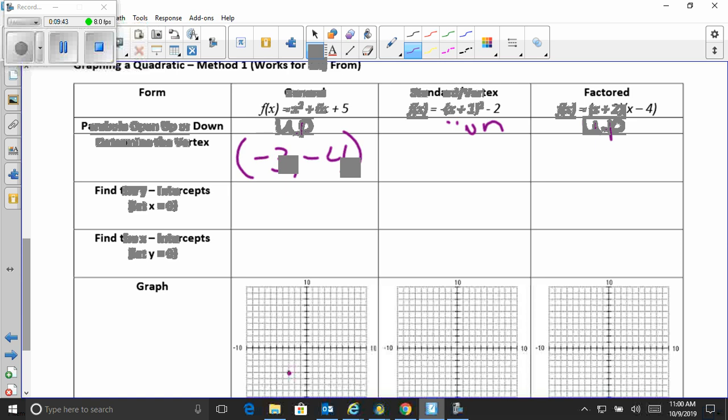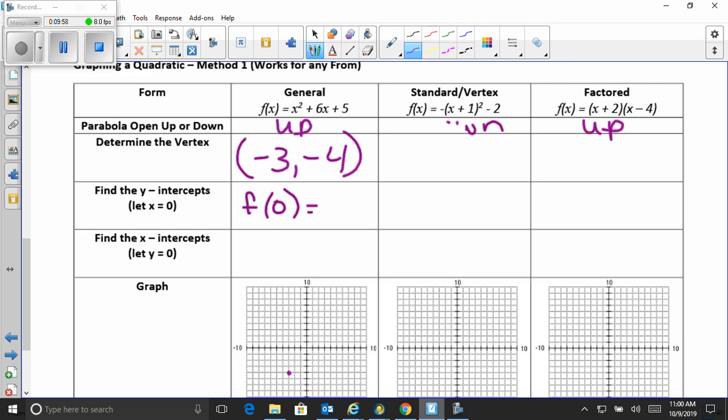Then I need to find some more points. Well, one point that's easy to find is my y-intercept, because to find the y-intercept, you're just going to plug in a 0 to your function. So you're going to do the f of 0. So that's 0 squared plus 6 times 0 plus 5.